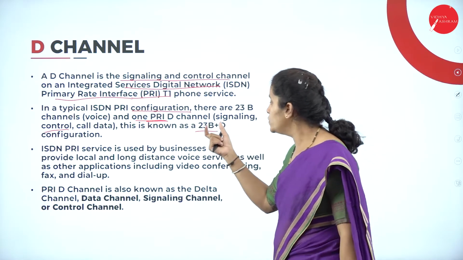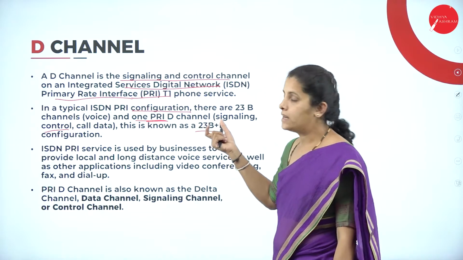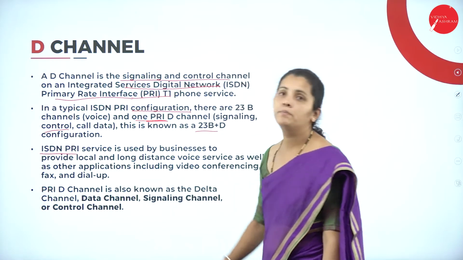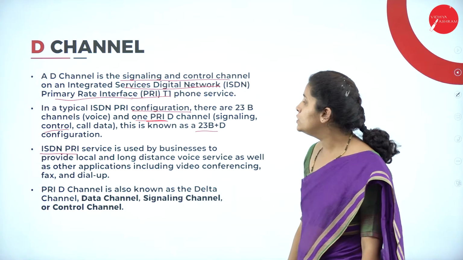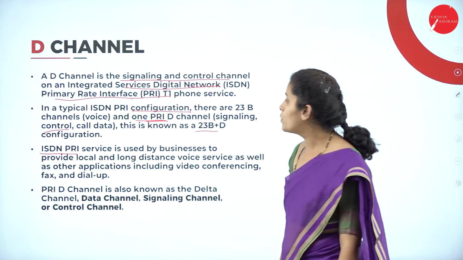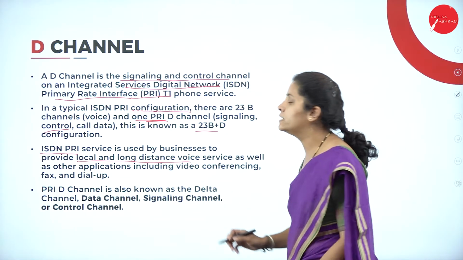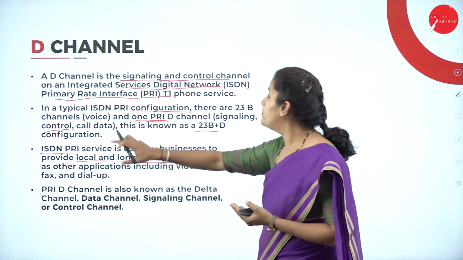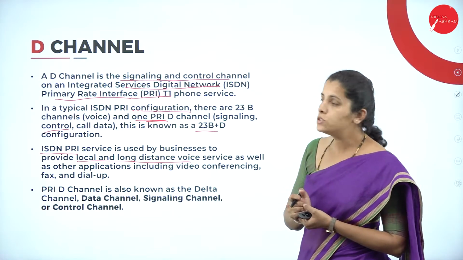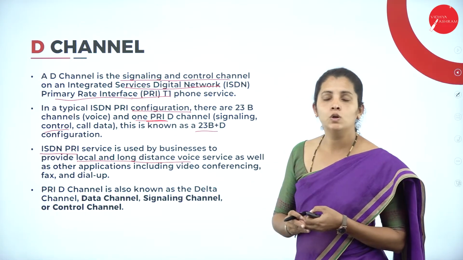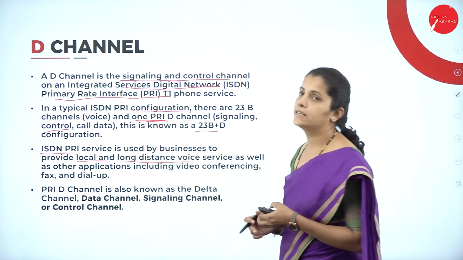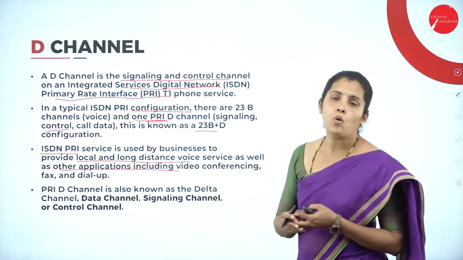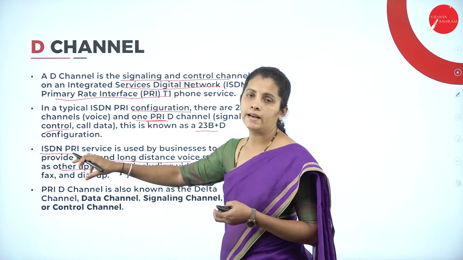That means it is going to use 23 B channels plus 1 D channel. Here the ISDN PRI service is used by businesses to provide local and long distance voice services as well as other applications, including voice conferencing, fax and dial-up.